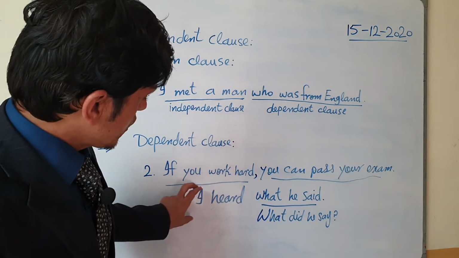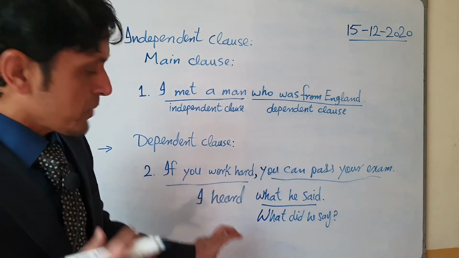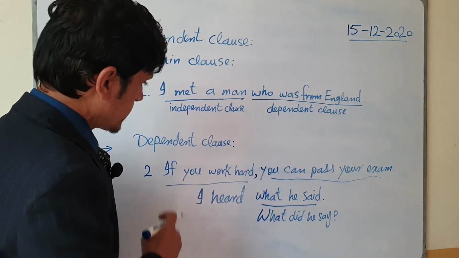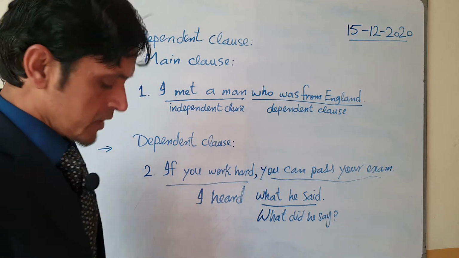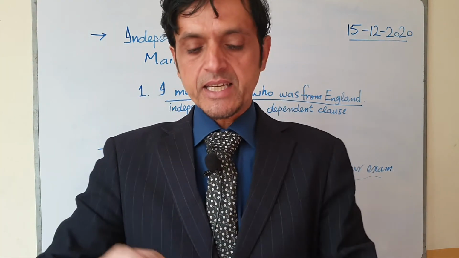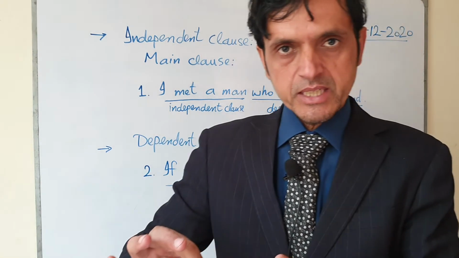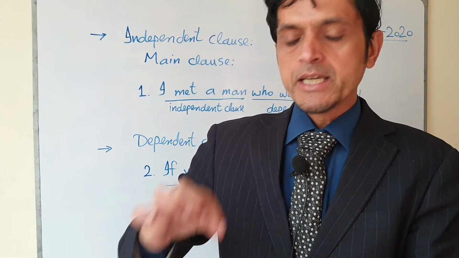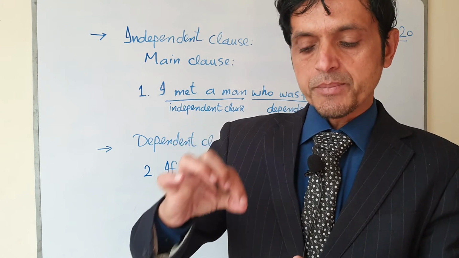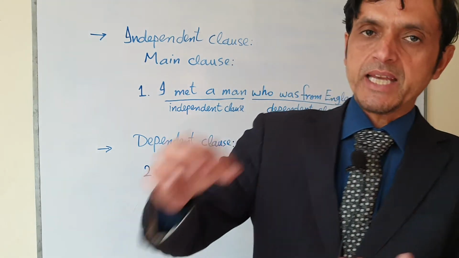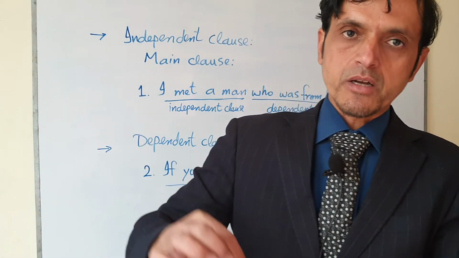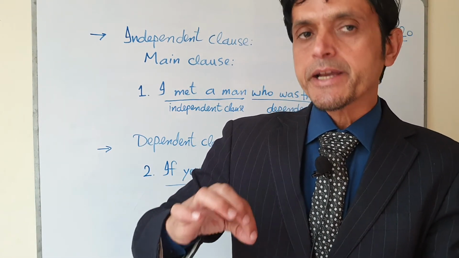Here we just want to make it clear what a dependent clause is and what an independent clause is. In short, every independent clause is completely independent from any other clause. It does not need another clause to make its meaning clear.